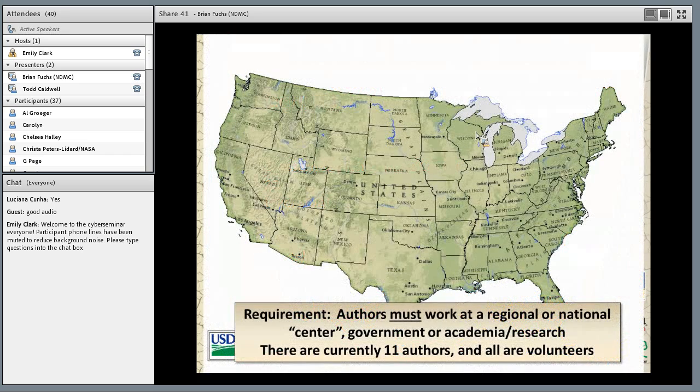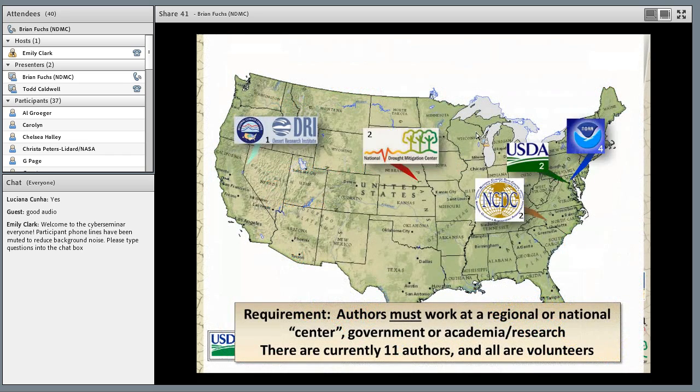So when we have this authoring group, you can see this is the home base of where these authors are. So at the National Drought Mitigation Center, we have 2 authors and then the one in the west, but pretty much everyone else is along the East Coast, and even 6 of the 11 are within the federal agencies in Washington, D.C. To be an author, you must work at a regional or national center, a government or academia research center.